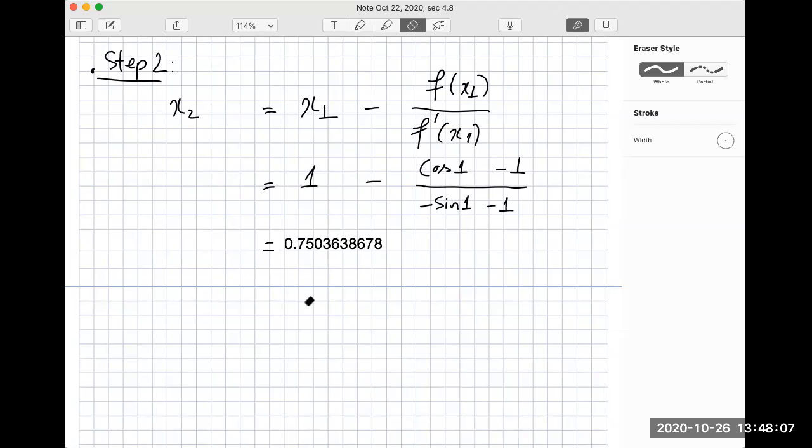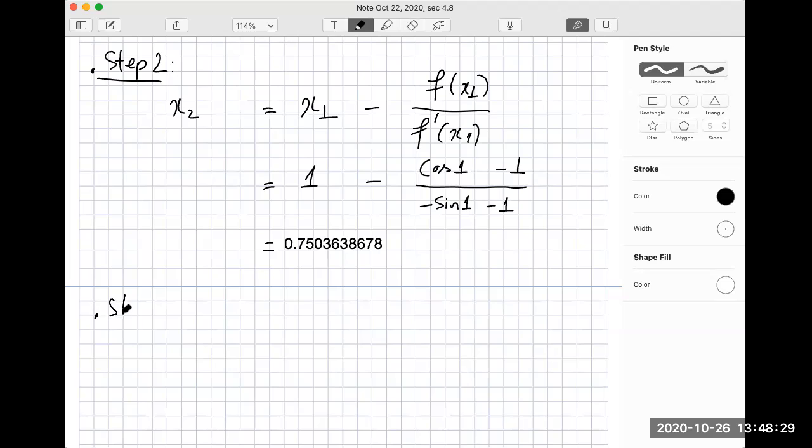Good job. Then we have x2, right? Remember, do not round it. Keep it as much as you can because we want to compute the correct up to 6 decimal places, right? Keep it as much as we can.